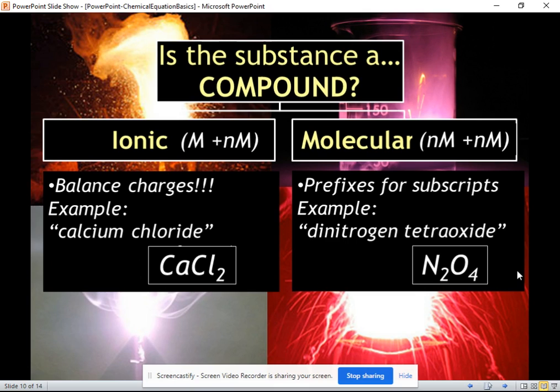So dinitrogen tetraoxide is N2O4. No reducing. Remember, the first word may not have a prefix with it, but the second word always will. So if you see no prefixes, that's probably your clue that it's ionic.